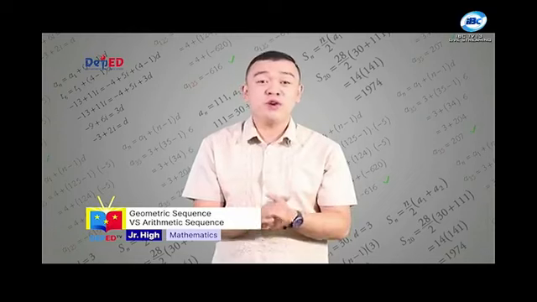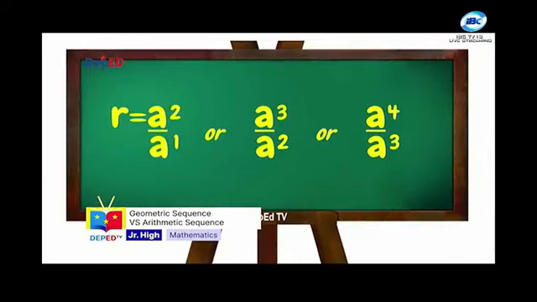Or simply using this formula, a sub 2 divided by a sub 1, or a sub 3 divided by a sub 2, or a sub 4 divided by a sub 3, and so on.